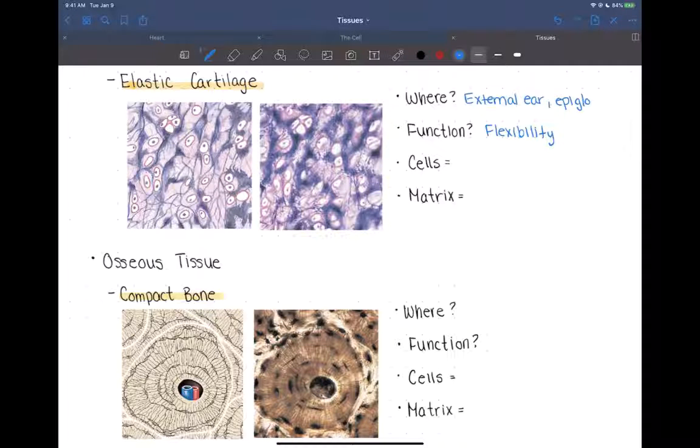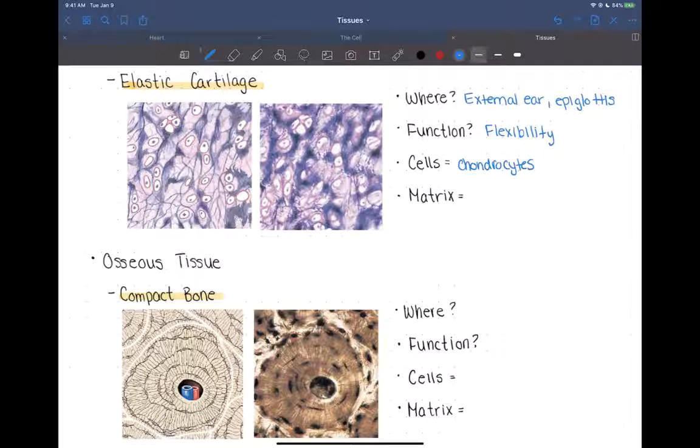All right, so the epiglottis is a little piece of cartilage that covers up your windpipe when you're swallowing, so food doesn't go down your windpipe. Okay, so that's made of elastic cartilage. The cells are going to be our cartilage cells again. So we have chondrocytes.